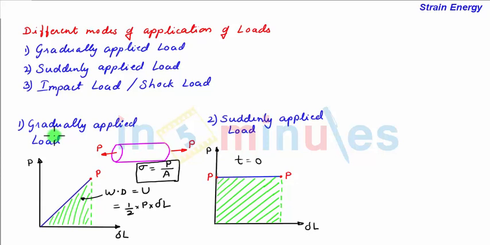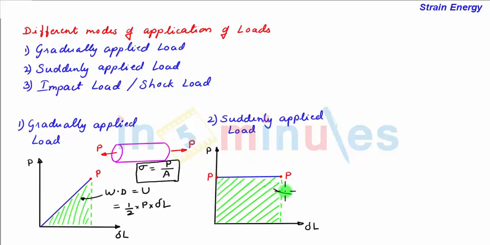If we compare the gradually applied load and suddenly applied load, in the gradually applied load P is time dependent, whereas the deformation delta L catches up with the amount of load P. In the suddenly applied load, P is time independent, whereas the deformation delta L is time dependent and continues to deform over a period of time. So the load deformation curve for a suddenly applied load will be a straight horizontal line.